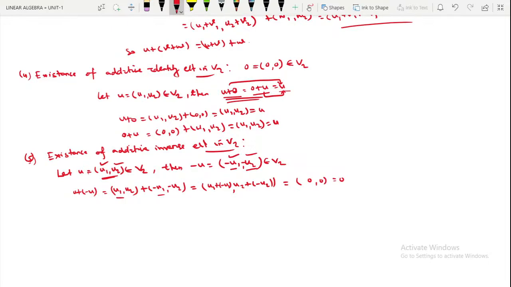And similarly you can show minus u plus u is also 0. So this property is satisfied.